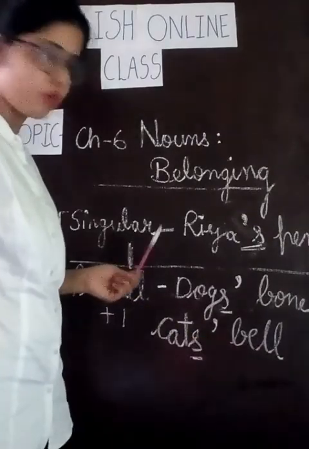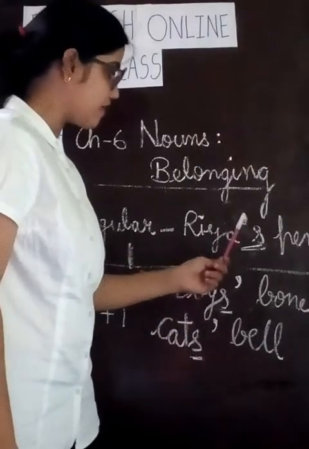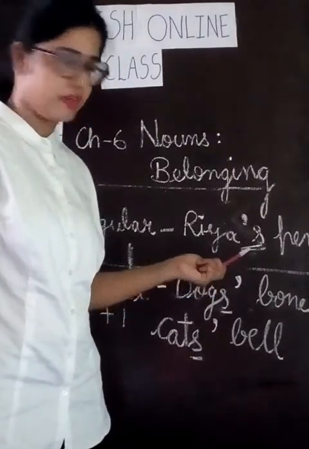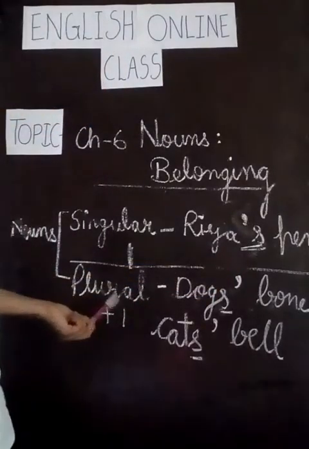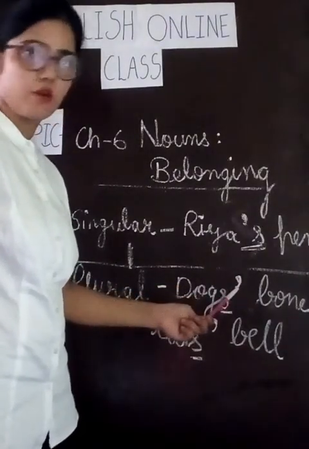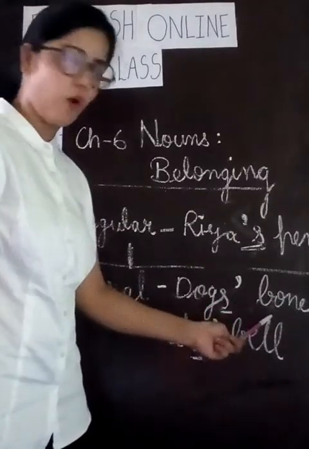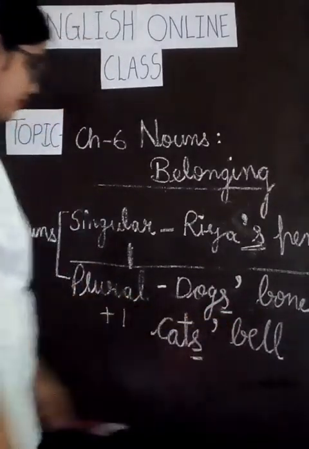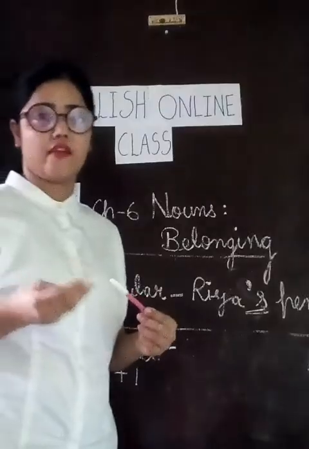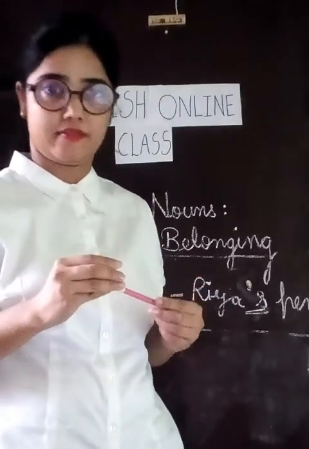For a singular noun, we add apostrophe s after the noun. For a plural, if there is already s at the end, we will only put an apostrophe and then write the object.